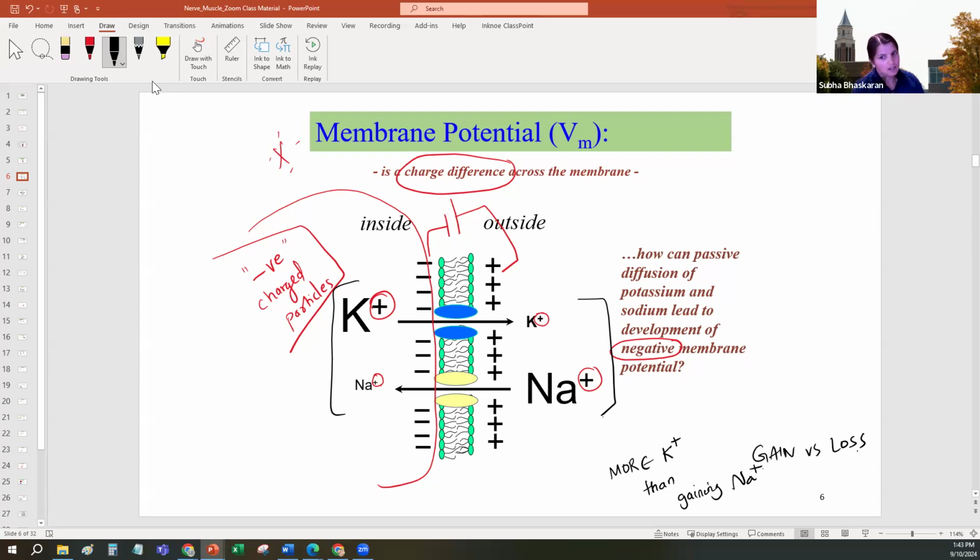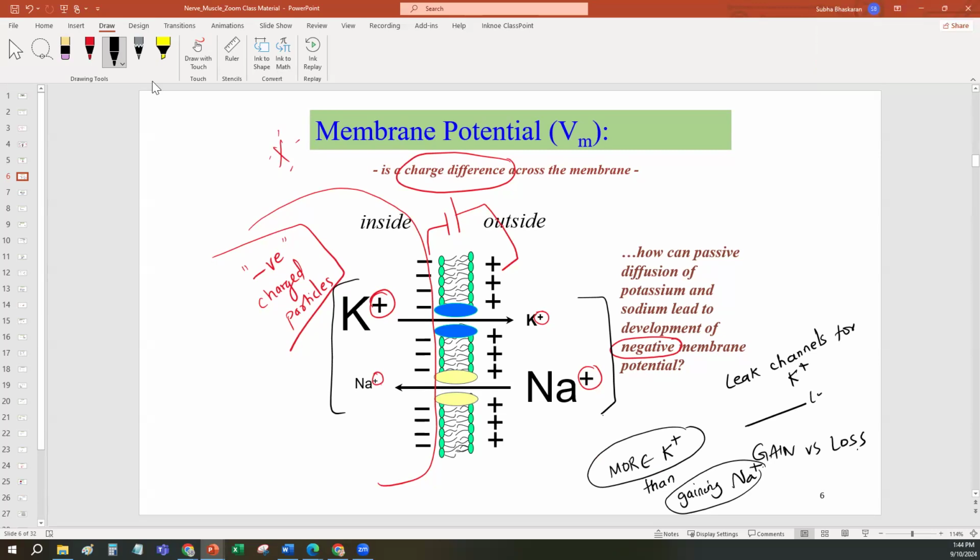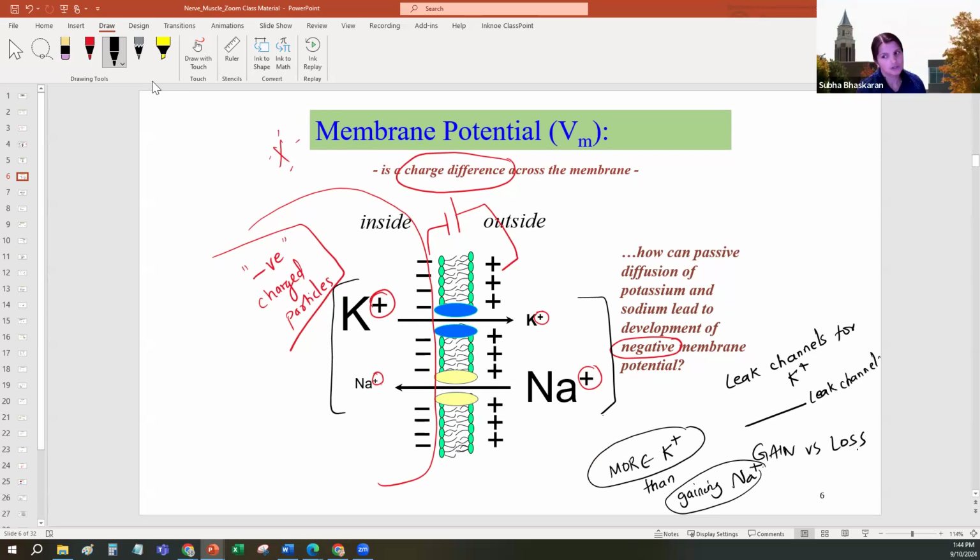The cell loses more K plus, which means the leak channels that we talked about, correct? The leak channels for potassium have to be, fill in the blank, closed. Closed, or inactive.